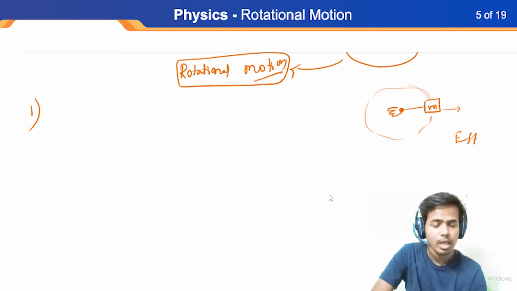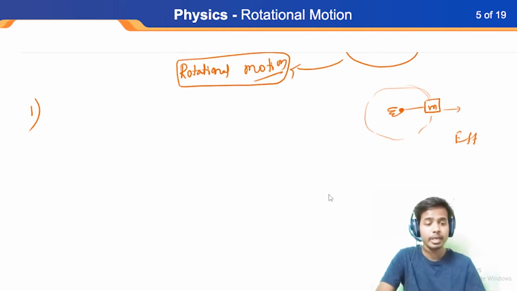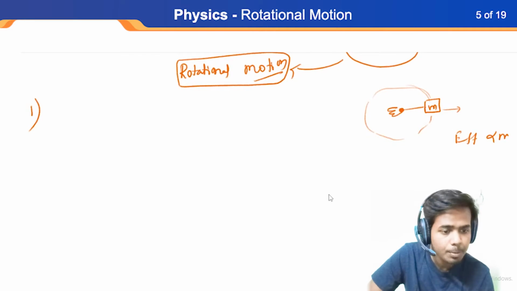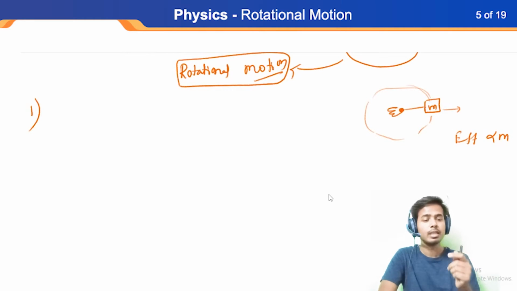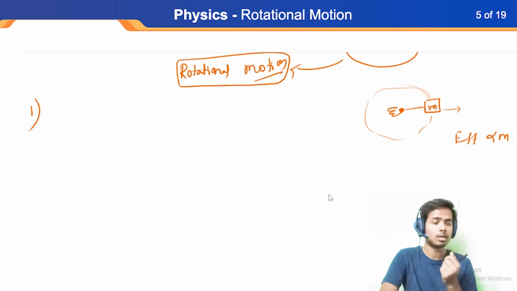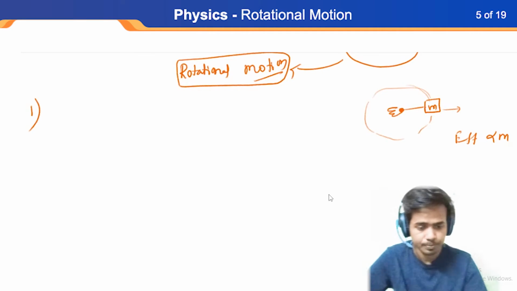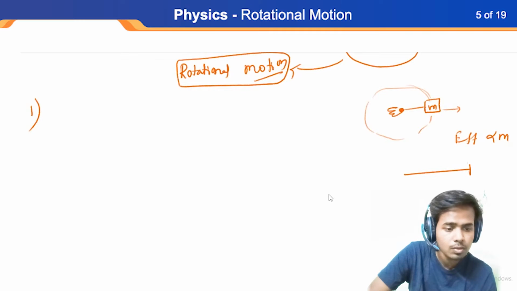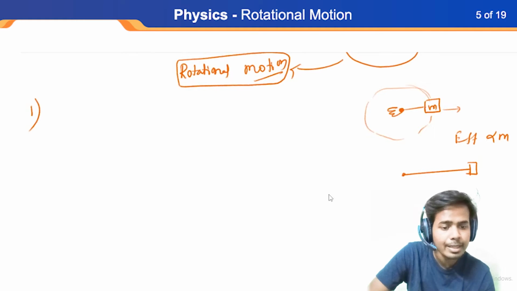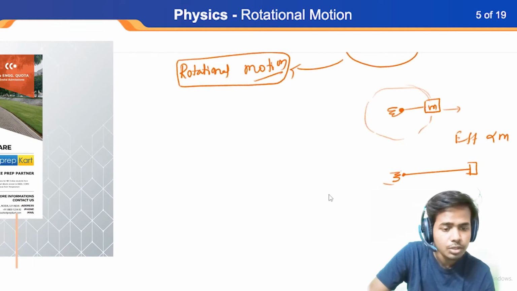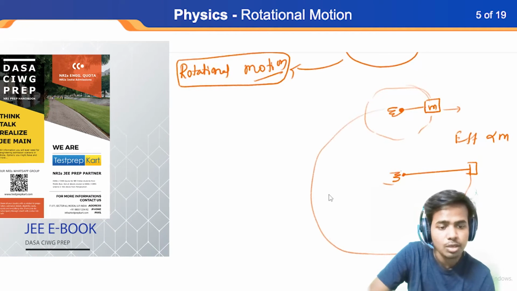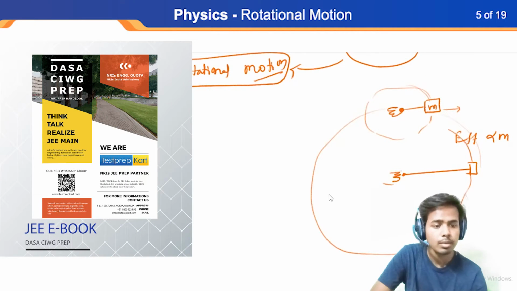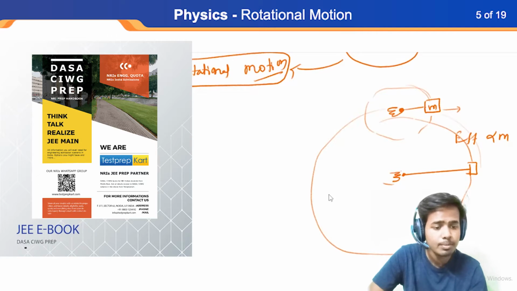So the effort that you have to put to rotate the body will be directly proportional to m. The heavier the mass, the more effort you will apply to rotate it in a circular motion. But let's say if this length is longer, what do you think? Would you need less effort to rotate the body in a circular motion, or would you need more effort? Of course, you will need more effort.